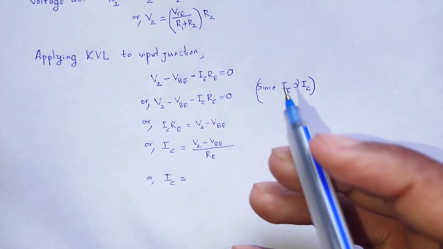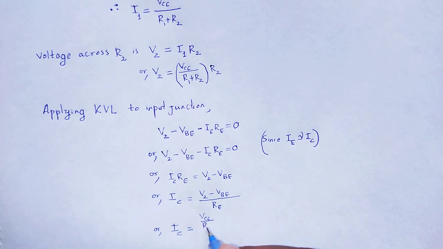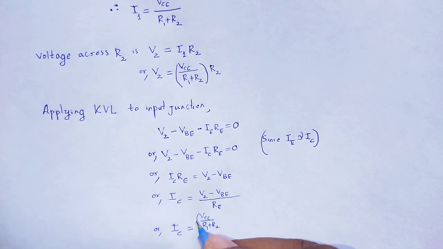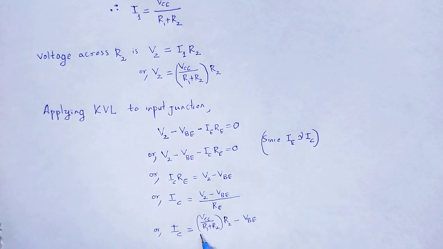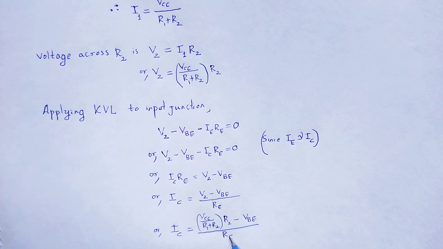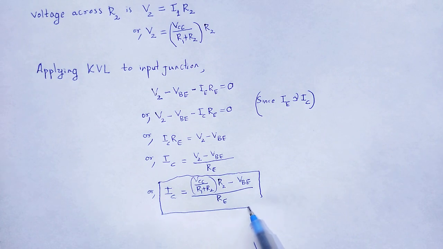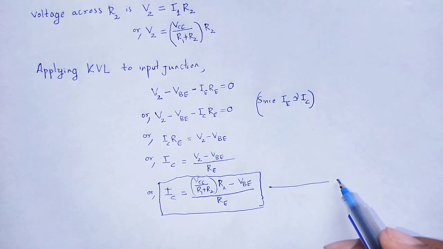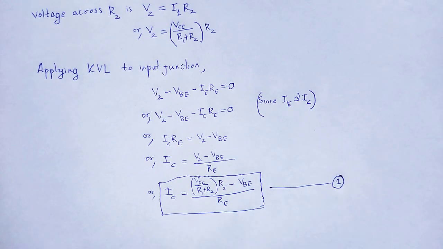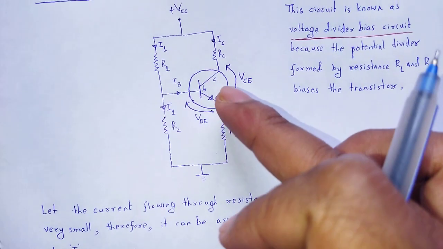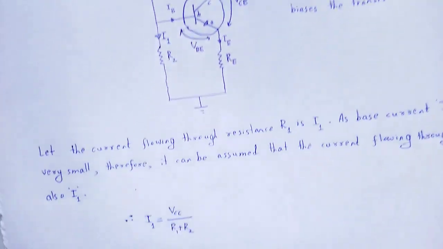IC is equal to, value of V2 is put, that is VCC divided by R1 plus R2 whole into R2 minus VBE, whole divided by RE. One of the coordinate of Q point, IC, is evaluated. Equation number 1.